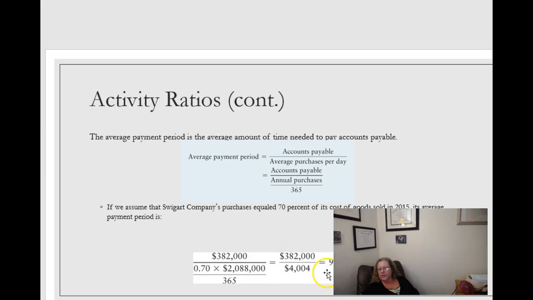And so that works out to be 95.4 days. So our average payment period, we're taking almost 100 days to pay our suppliers.